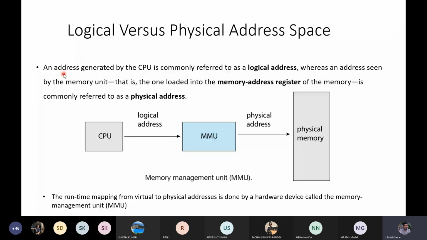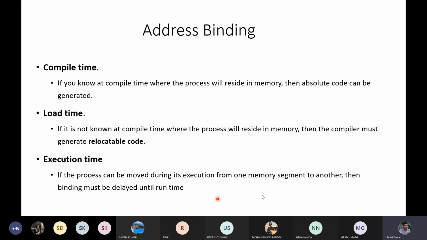But what we have to understand is, when a program is generated, the difference between logical address and physical address. Here, the logical versus physical address space. What is relocatable? Whenever you compile a program, the process should reside in memory. It will generate an absolute code, that is an object file, understandable by the processor.